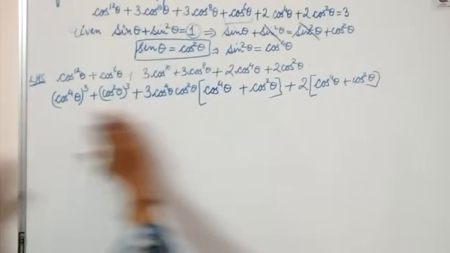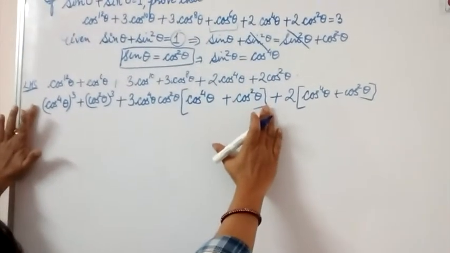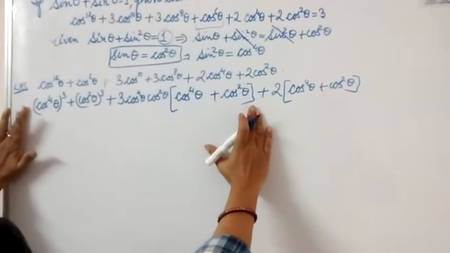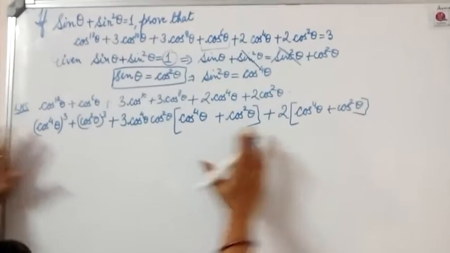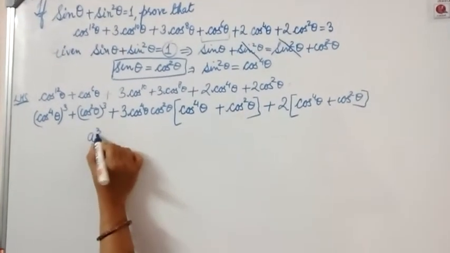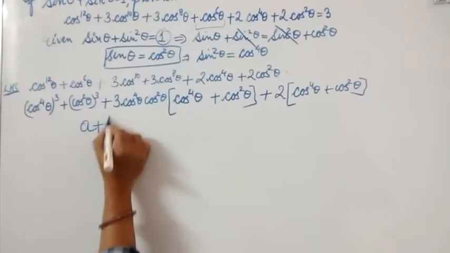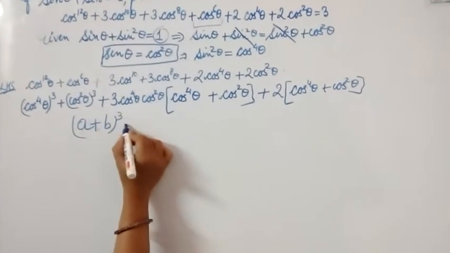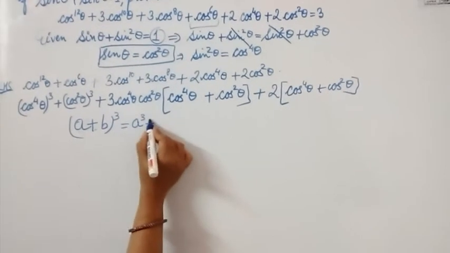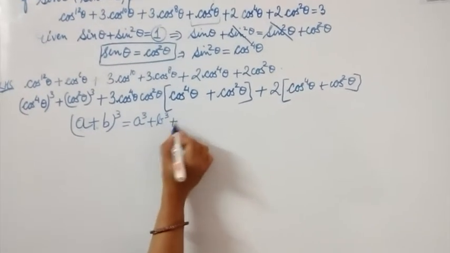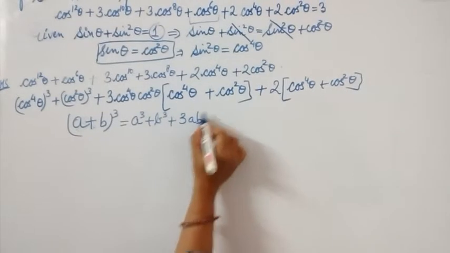Is it fine? Now if we look at these terms from here to here, we can see this is the formula for a cube plus b cube. As you all know, a plus b whole cube is equal to a cube plus b cube plus 3ab times a plus b.